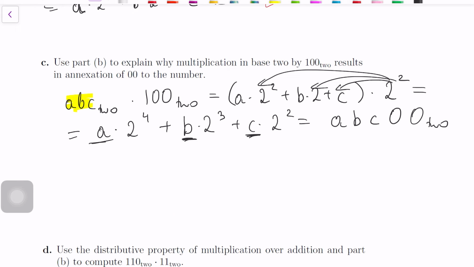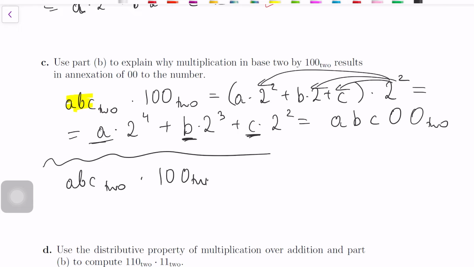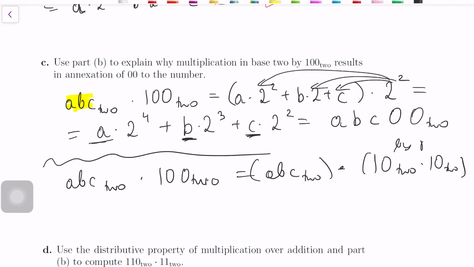Another way that I originally wanted to start with is to say, okay, if you were using part B, because we haven't quite used part B here, part B allowed us to say that 100 is 10 times 10, because part B says whenever you multiply by 10, it just annexes 0 at the end.